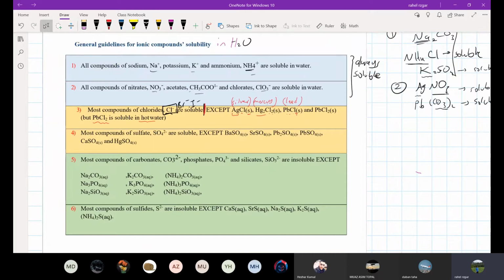Only lead 2 is soluble only in hot water. All right. So again, rule number 3: Cl negatives, chlorides are generally soluble. But if they come with silver, if they come with mercury, if they come with lead, you can say they are insoluble.